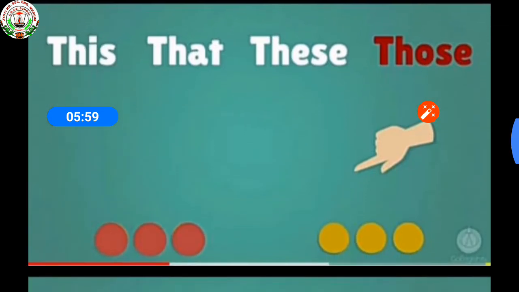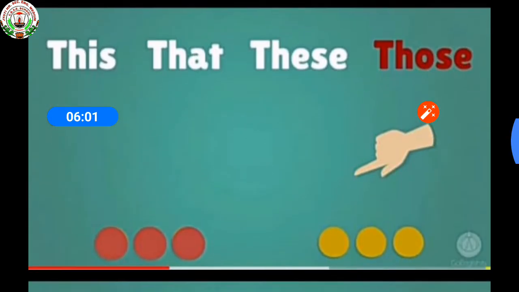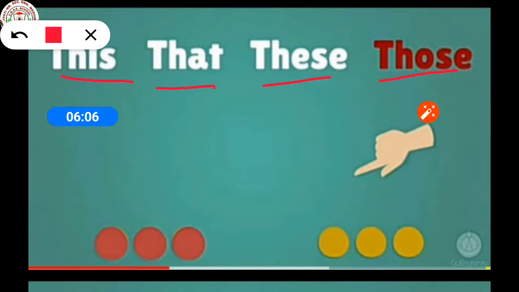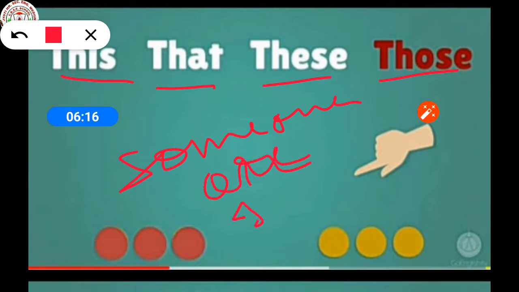So this, that, these, those identify someone or something. So demonstrative pronouns always identify or indicate someone or something.